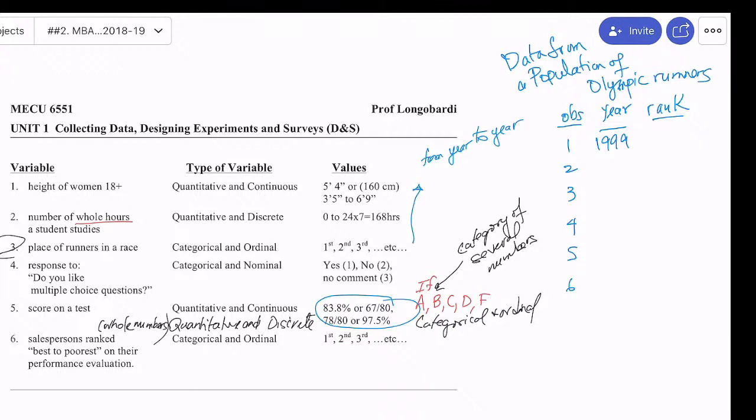And we have their year and then the rank for the fastest, is it 50 meters? 50 meter dash.